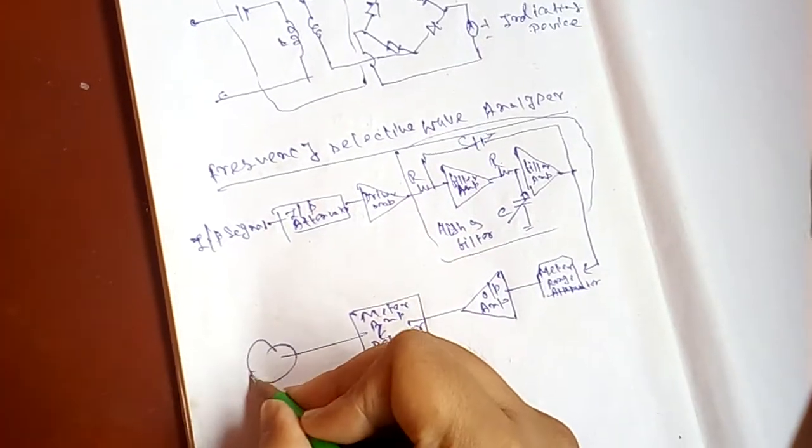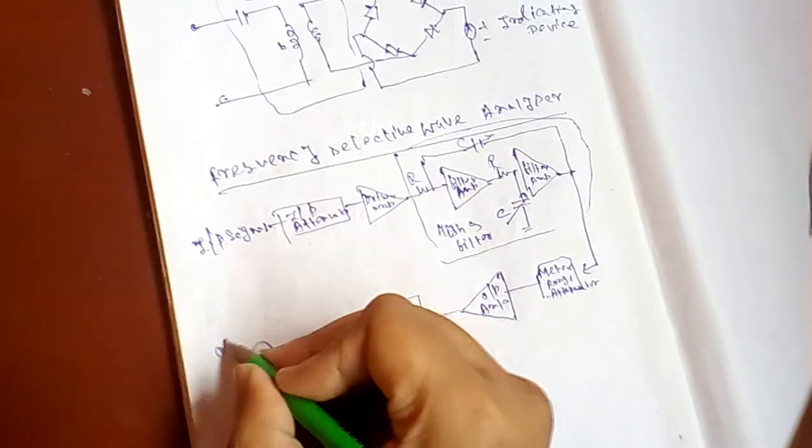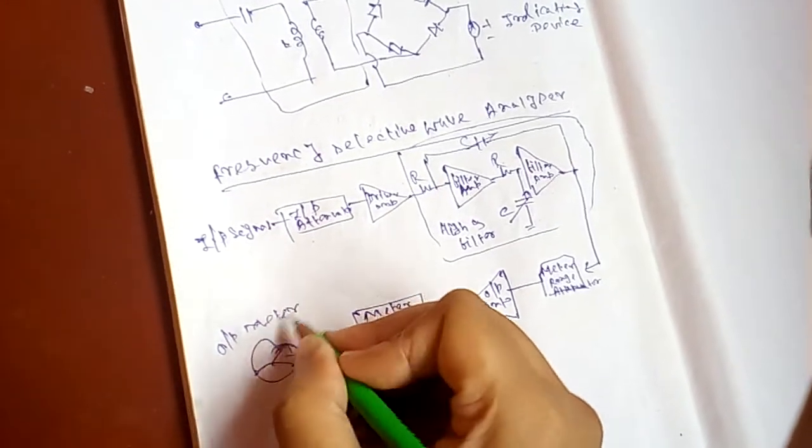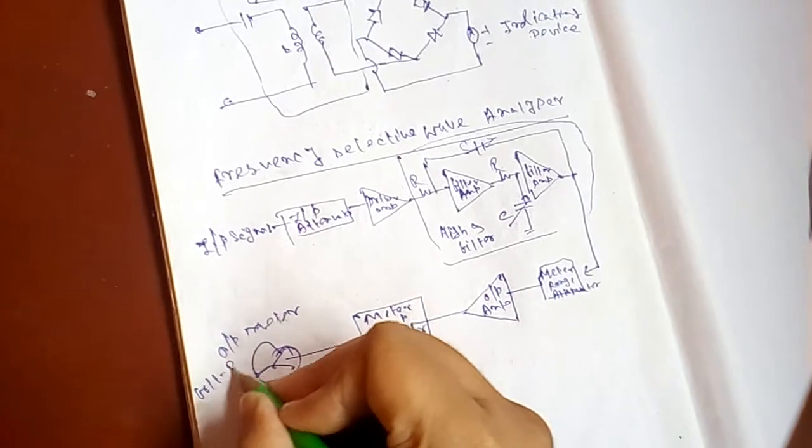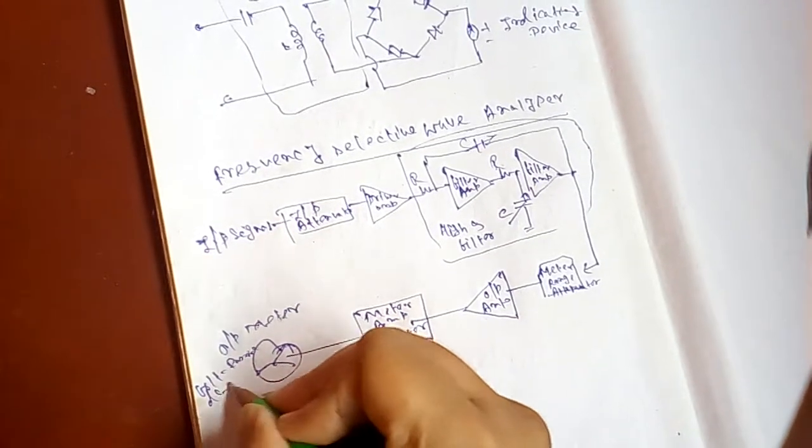At the end we get the output meter, with a volt range and a dB range.